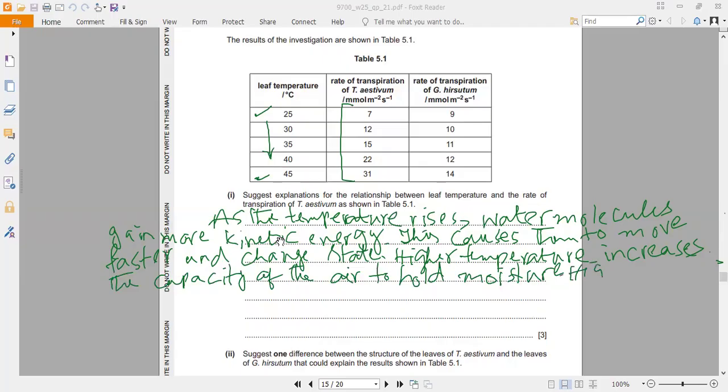High concentration of water is inside the leaf and lower outside.